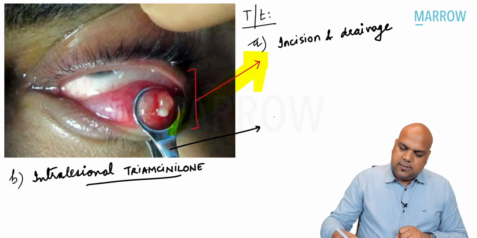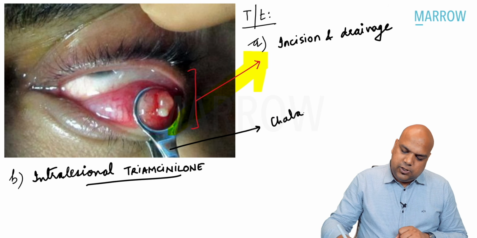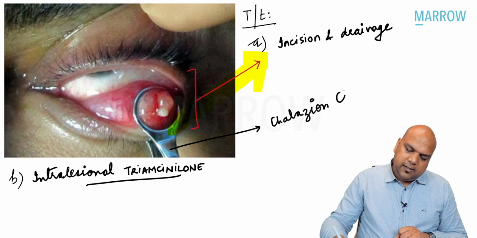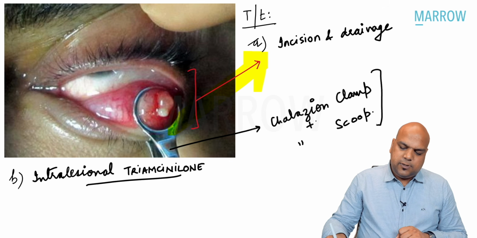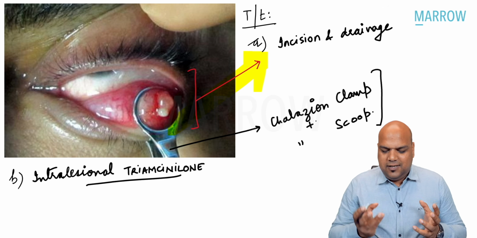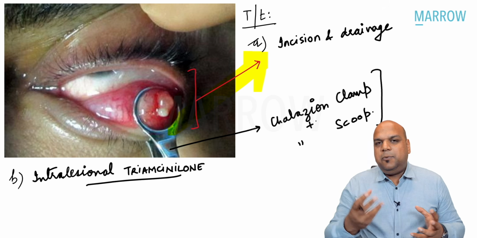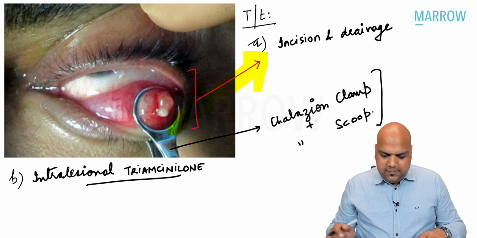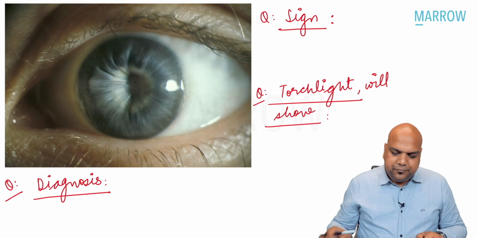So if they ask you what this instrument is, this is a chalazion clamp, right? And along with it, we also use a chalazion scoop. These are the two instruments we use during this procedure. As shown in the photograph, the meibomian gland contents are coming out, the sebum rather, right?